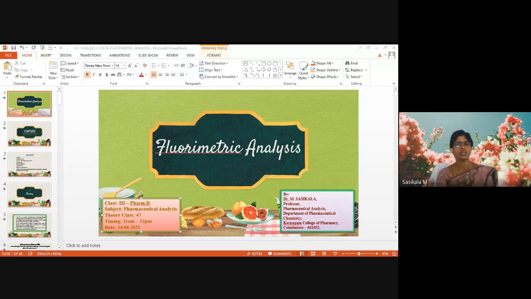Deepan, can you say about applications of atomic absorption spectroscopy? Deepan, Rubeshwaran, Saktivel, Subhadarshini, one of you say about applications of atomic absorption spectroscopy.